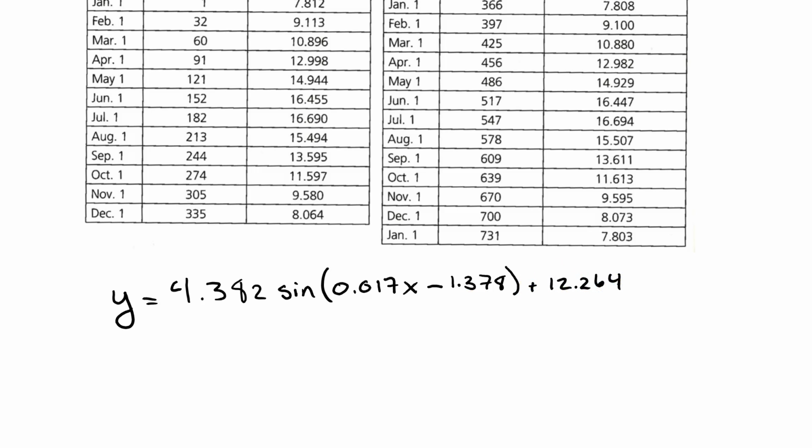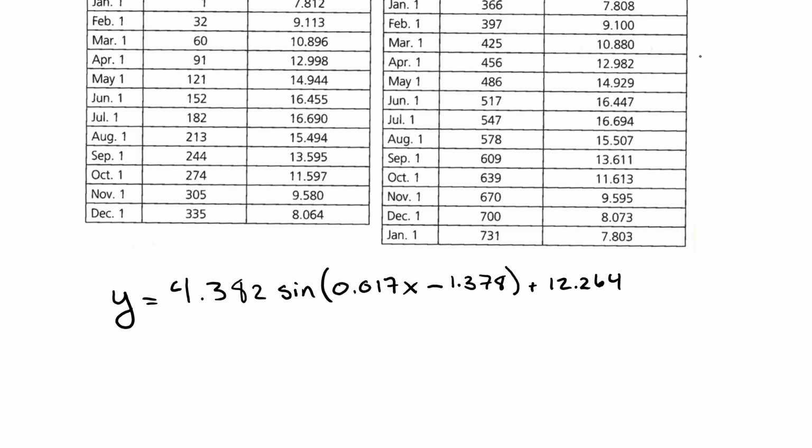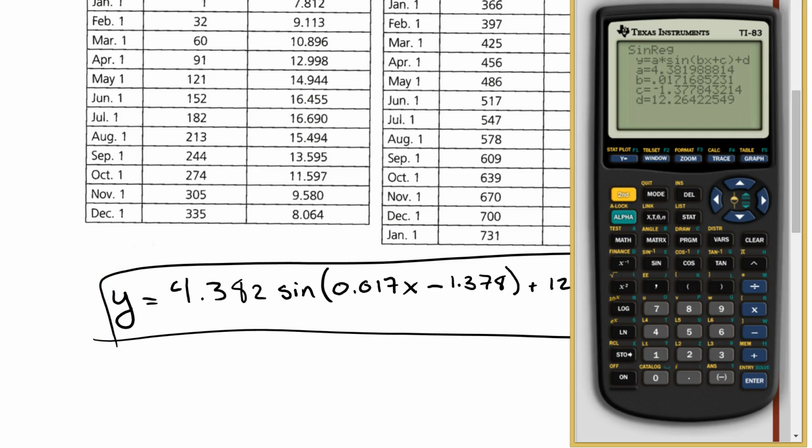You're noticing that this equation is a little bit different because in the equation that we did in 8.4, the B was factored out in front. That's just two different versions of the sine function that you're going to have to navigate between.